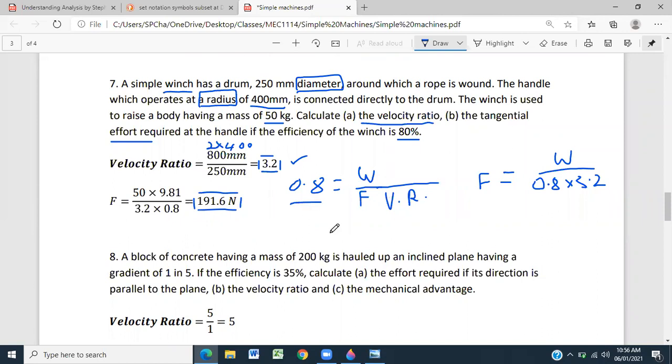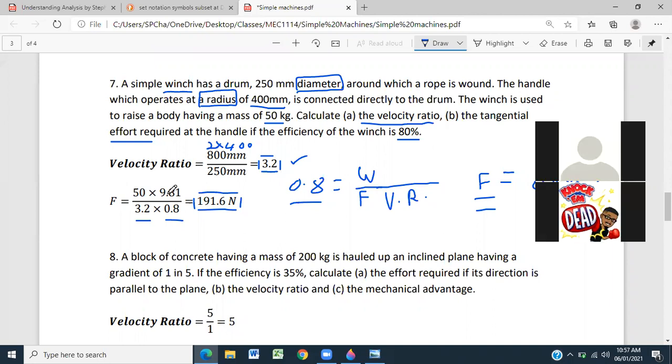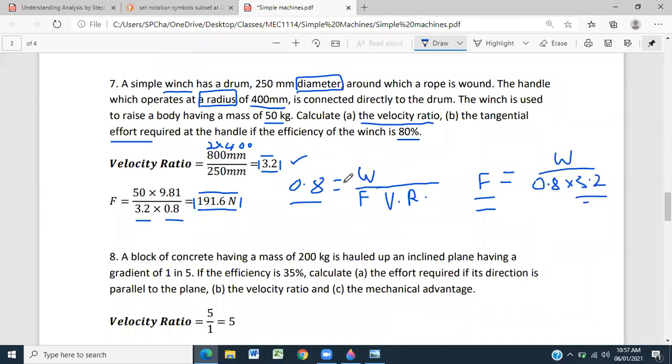And then we just transpose and solve it. 3.2 is the velocity ratio, right? Does it make sense? Or are you still lost? Sorry, sir, so the 80% is which one? 80% is the efficiency. So you remember, efficiency is equal to, let me get a color here.